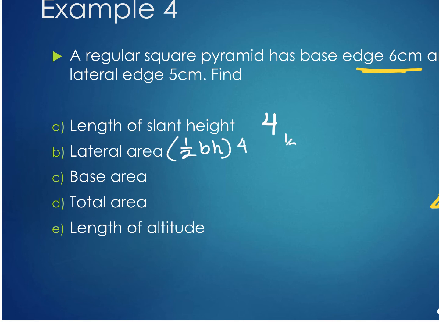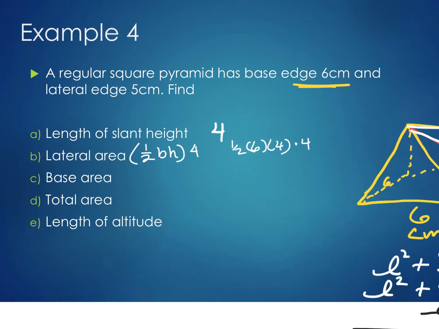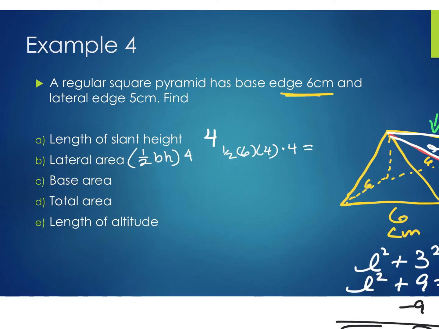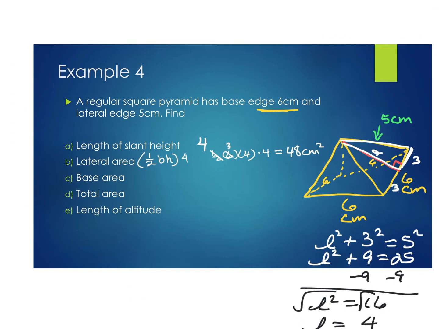So the base of my triangle is 6. The height is 4, I just calculated it. And then I have to multiply it by 4 triangles. So once I multiply all of these numbers, I could take half of the 6, make it 3. 3 times 4 is 12, times 4 is 48. So the lateral area, or the area of the 4 triangle sides, is 48 centimeters squared.